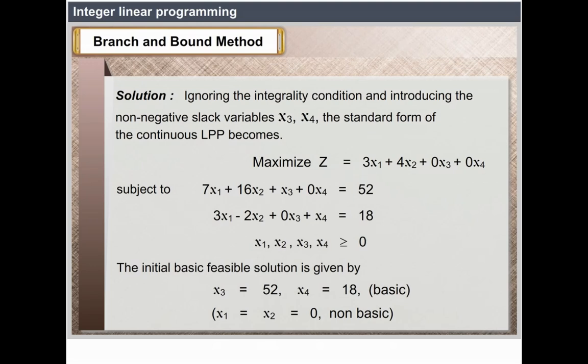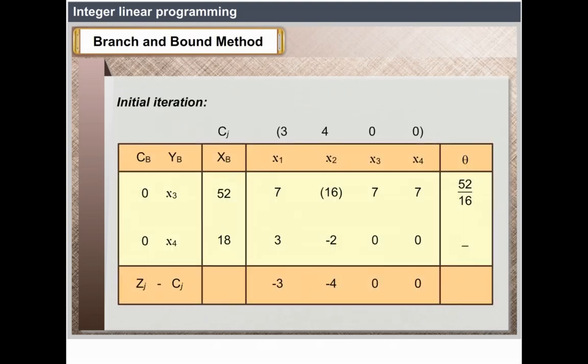non-basic variables. Initial iteration. The simplex table is CB, YB, XB, X1, X2, X3, X4. Now we can see the first row of the table: 0 for CB, x3 for YB, 52 for XB, 7 for x1, 16 for x2, 1 for x3, 0 for x4.